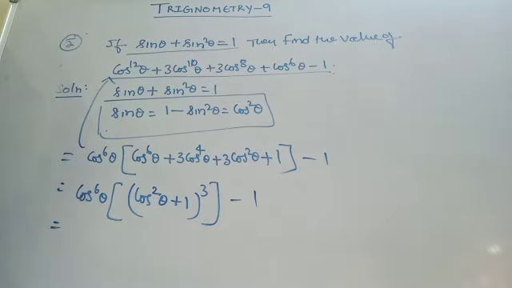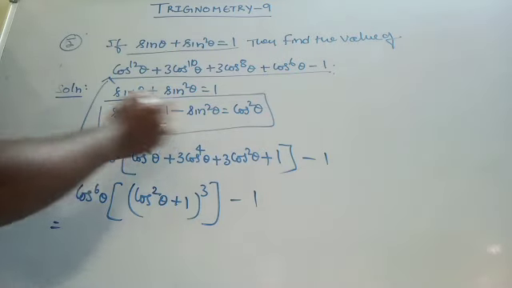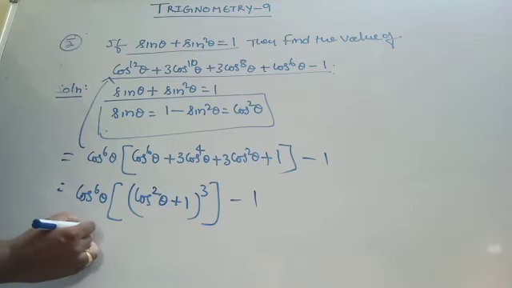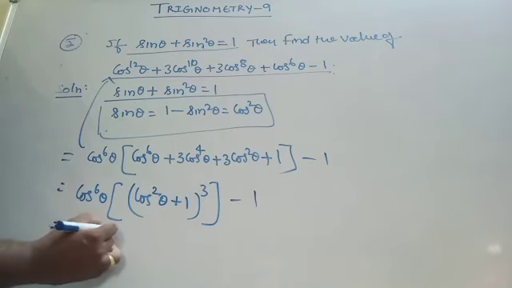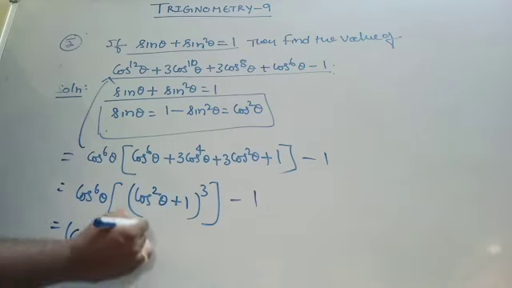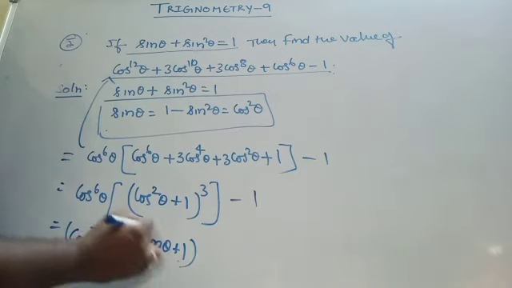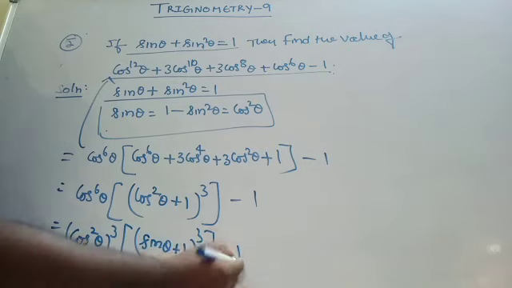Now we know that cos square theta is equal to sine theta. So I can write this as cos square theta whole cube, and this is now sine theta plus 1 whole cube, minus 1.